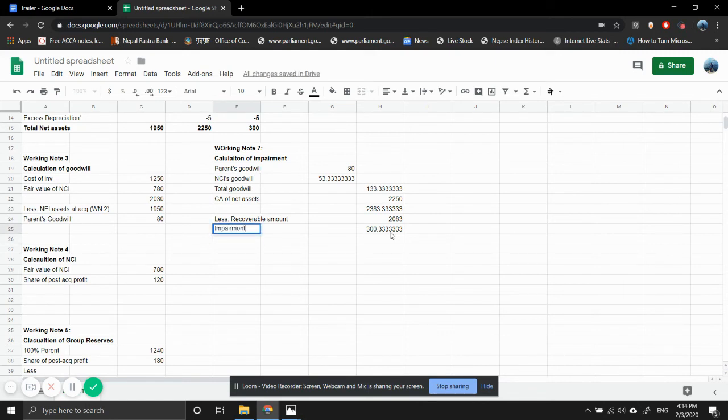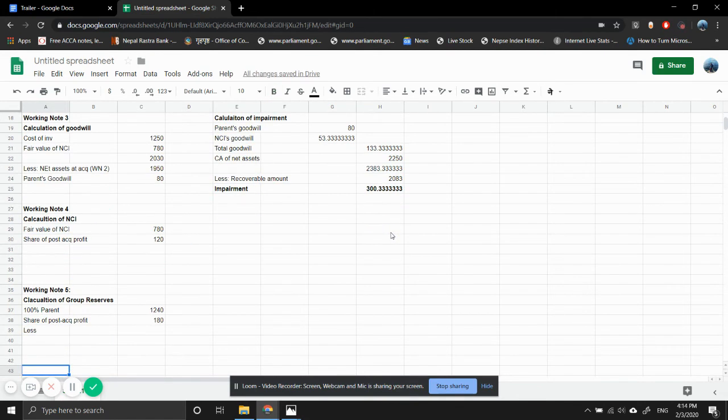Impairment. So that means there has been an impairment greater than goodwill. Okay. So once that's been exhausted, then only it will move on to other, right?